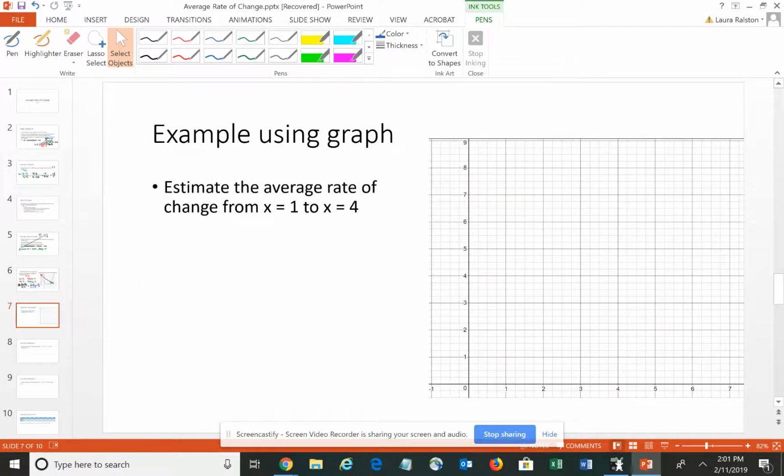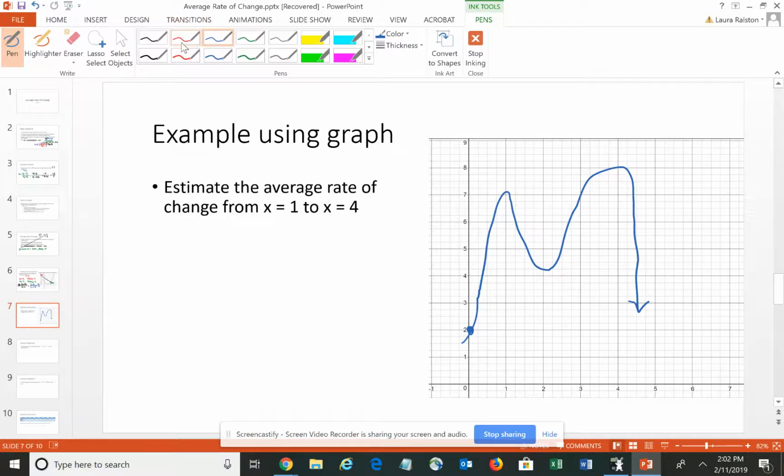All right, I'm just going to randomly draw a curve here, so you'll have one that's really different. Okay, so there we go. This wants you to estimate the rate of change from x equals 1 to x equals 4.